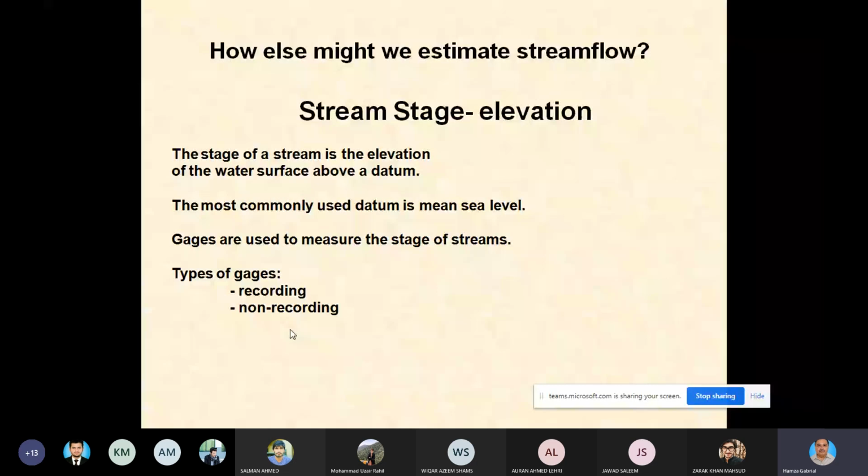और क्योंकि डेली तो आप डिस्चार्ज मेजरमेंट नहीं कर सकते हैं, but daily you can read the stage, and using the rating curve you can find out the discharge. So the second way can be to use the stages.